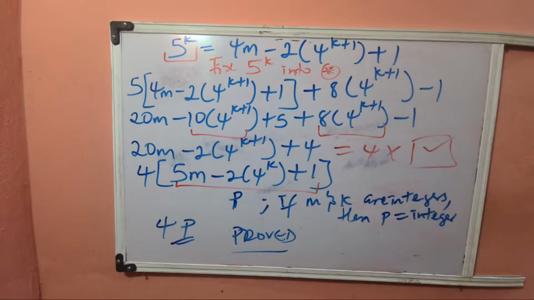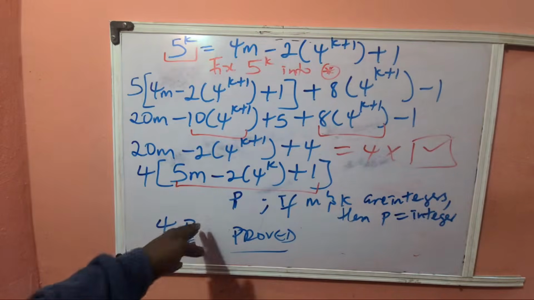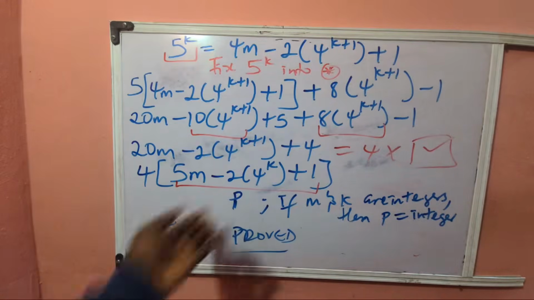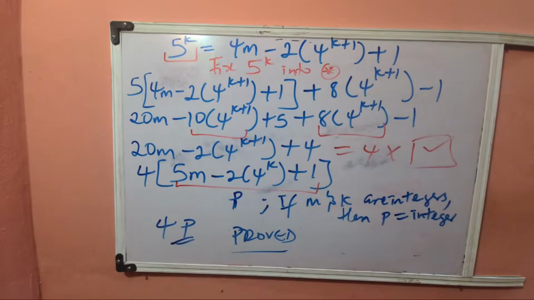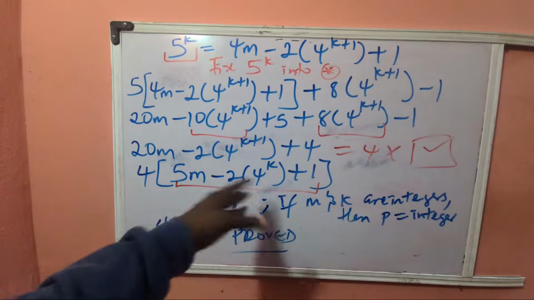m was just an integer value. I just fixed that there, you could use y. It doesn't have to be m. This P is just a fixing, you could have called it Y, or Z, or anything.